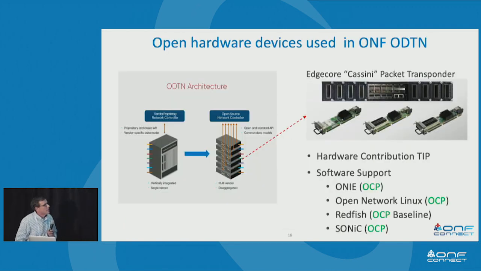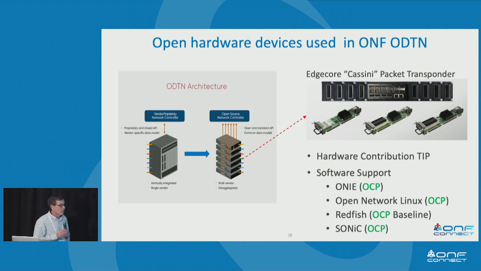And the last slide here, although this isn't an OCP accepted design, is a design that Edgecore, my company, although we're very active in OCP, put through the Telecom Infra Project. I show this here for a couple of reasons. One, it's relevant to the ONF work that's going on, because this is a platform that's part of the ODTN project.